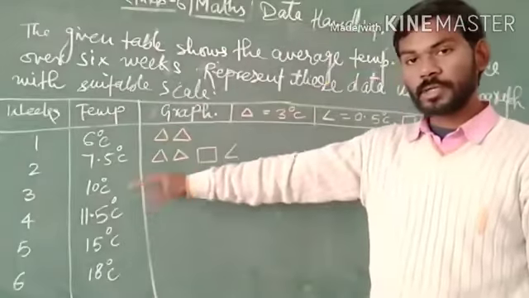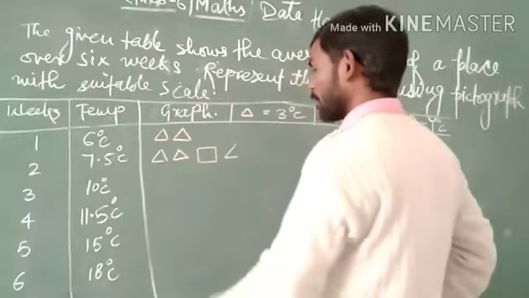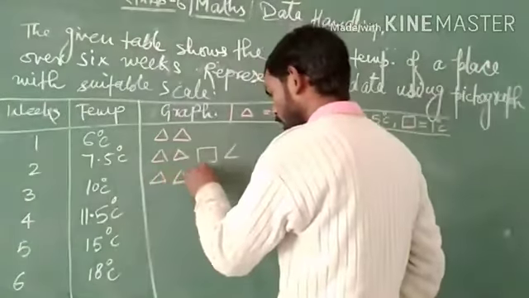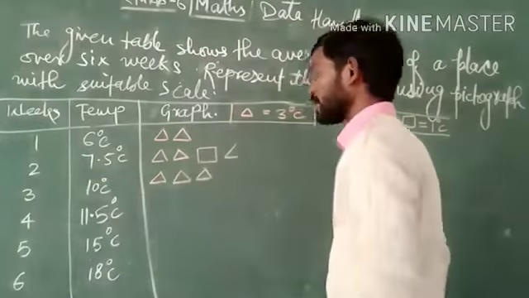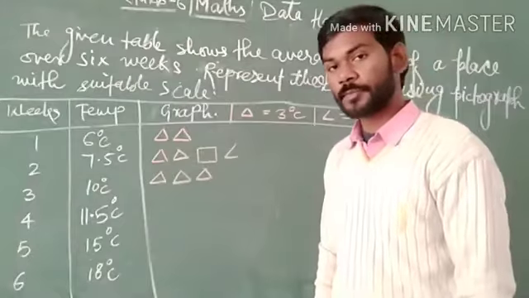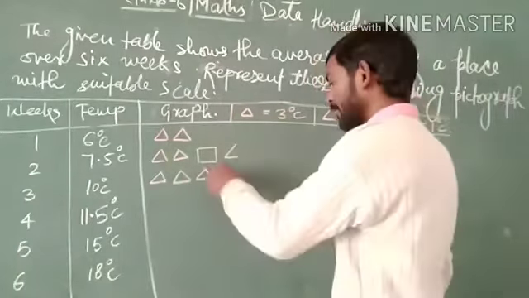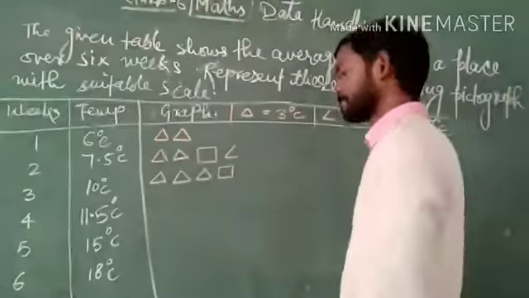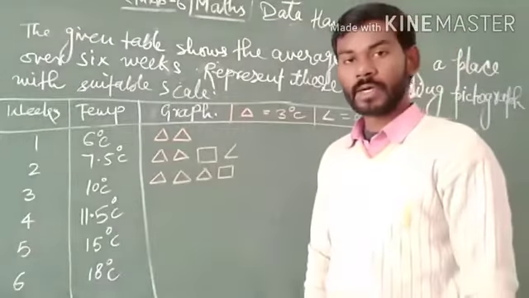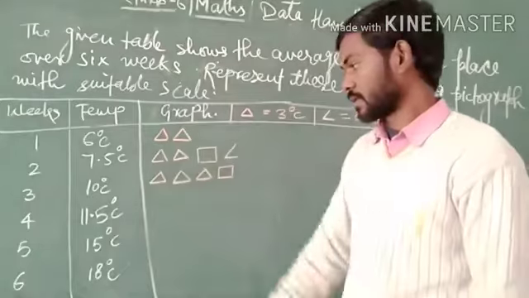Now the next is 10 degrees centigrade. For 10 degrees centigrade we shall draw first of all three triangles: 1, 2, 3. These three triangles will represent 9 degrees centigrade. But 1 degree centigrade is left, and so here we draw a square. This square will represent 1 degree centigrade. Now the total will represent 10 degrees centigrade.